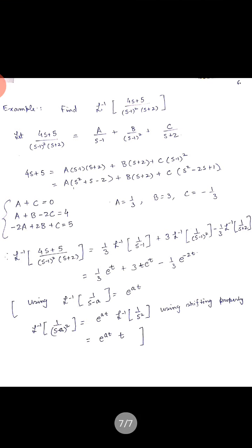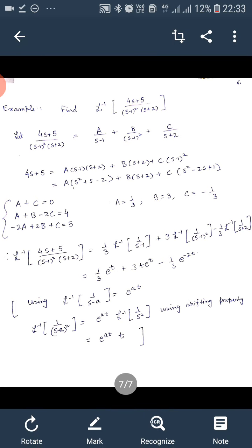And if we use the shifting property, L inverse of 1 over s minus a whole square can be written as e raised to the power at times L inverse of 1 over s square, which is e raised to the power at times t. So the inverse Laplace transform of 1 over s minus 1 whole square will become t times e raised to the power t, and the inverse Laplace transform of the last term, 1 over s plus 2, will become e raised to the power minus 2t.